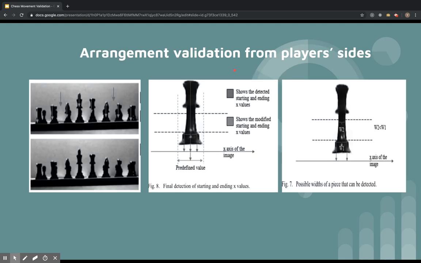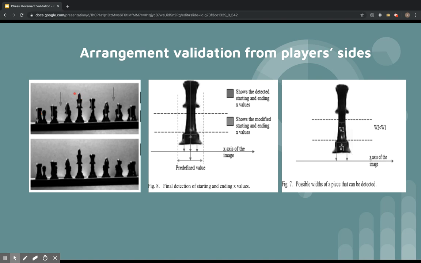The next step in the process is to detect each of the pieces in the rear side from the player's sides of the board. So, as you can see, the image on the left is kind of what I'm talking about.